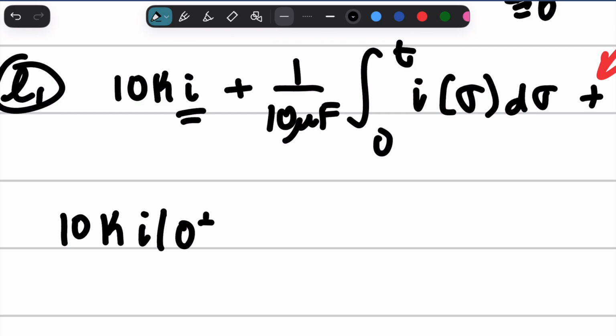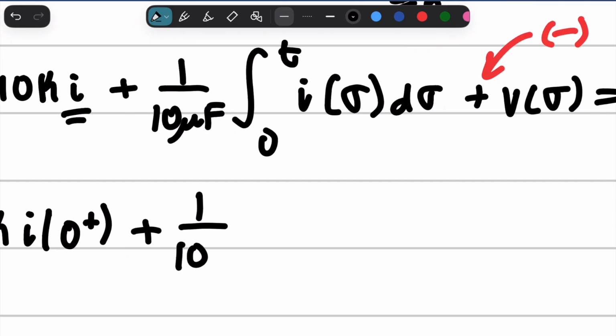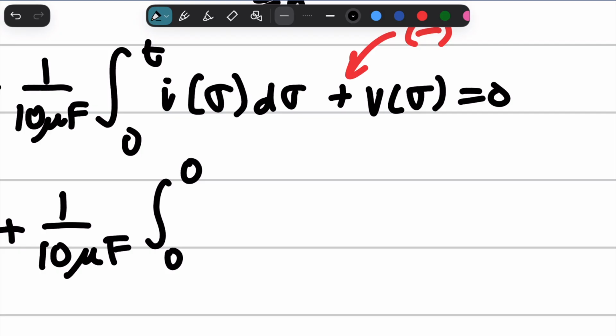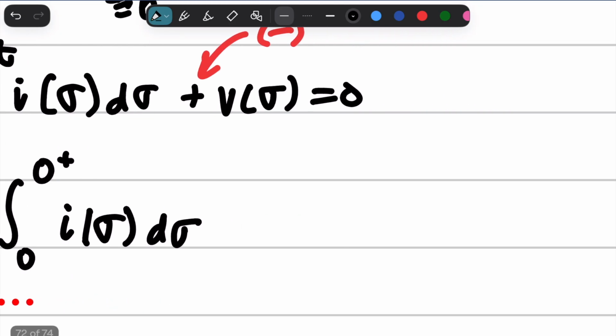We're going to solve for what it is at t equals 0 plus. So here we're going to have an integral to 0 plus of I, and then the dummy variables. And then I'm going to go ahead and put the minus now. Minus v of 0 plus is equal to 0.